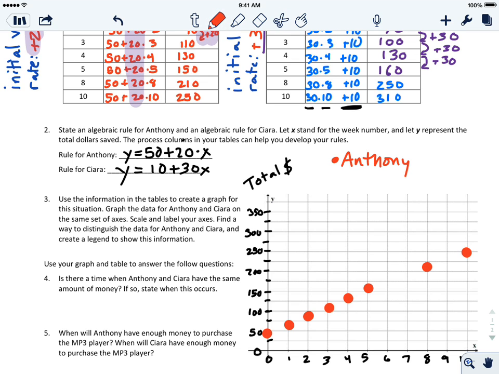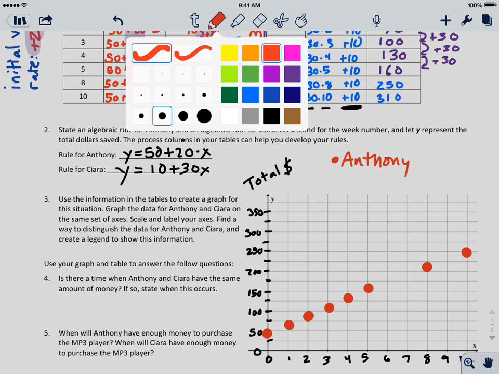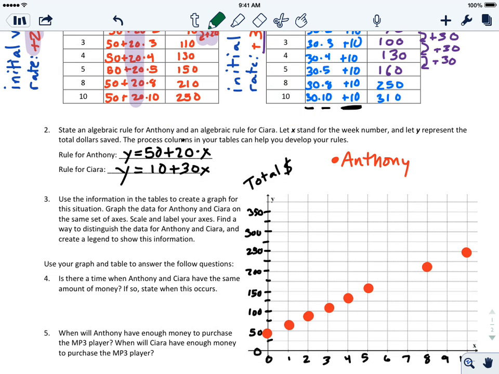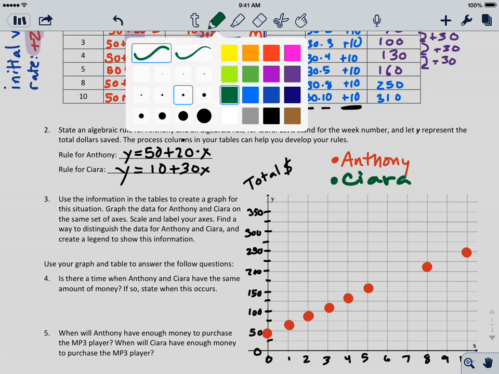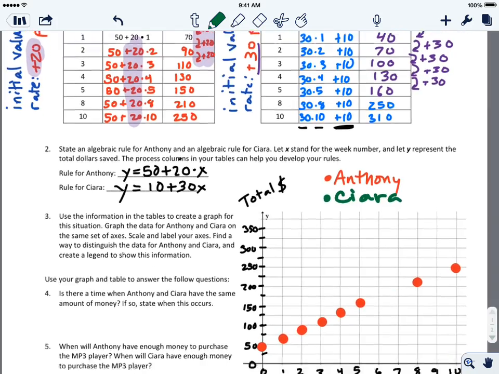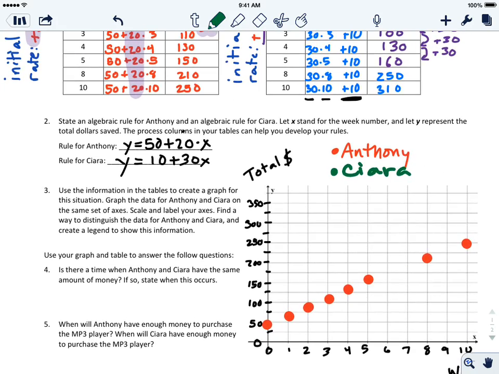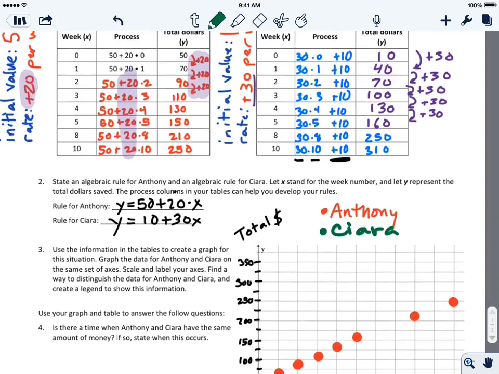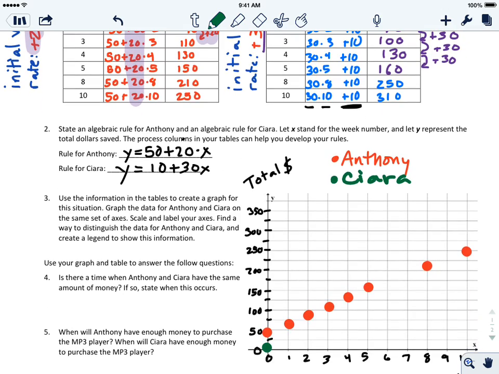So let's go ahead and do the same thing for Ciara. And so I'm going to write hers in green. And we'll go ahead and graph her data. Okay, so her first value is 0, 10. So over 0, up 10. And then 1, 40. So over 1, up 40.